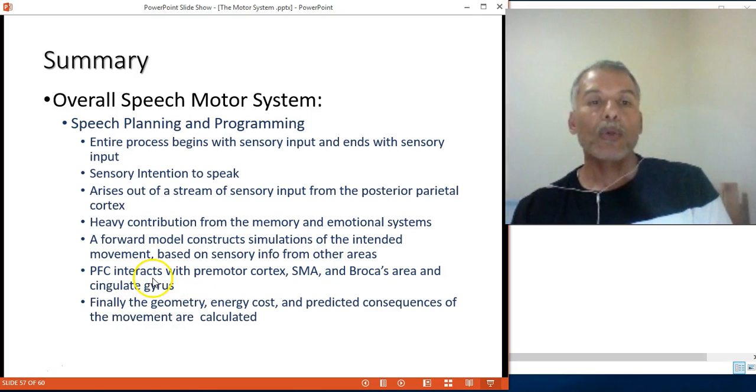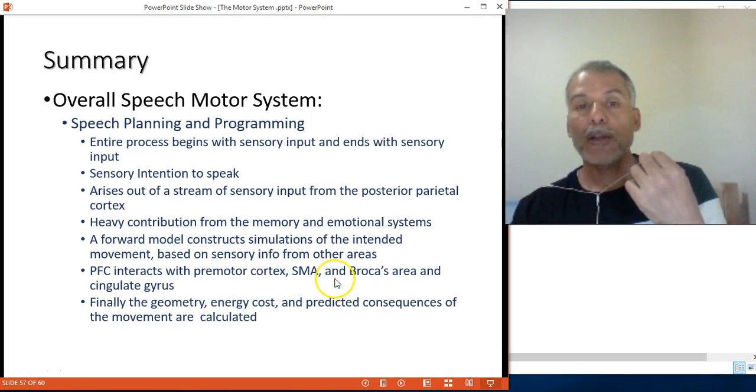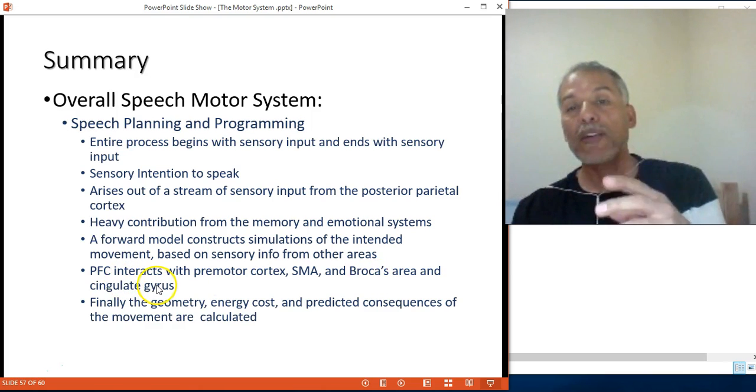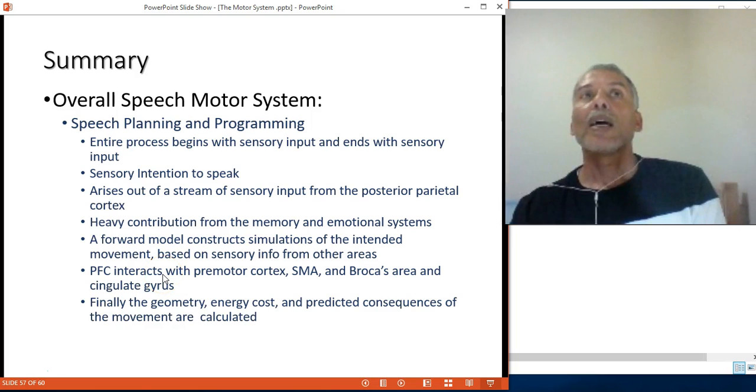And the prefrontal cortex then interacts with the premotor cortex, with the supplementary motor area, with Broca's area, and with the cingulate gyrus areas that we discussed in part 1. So all of these areas get engaged in making the script, in refining the script, in rehearsing the script.